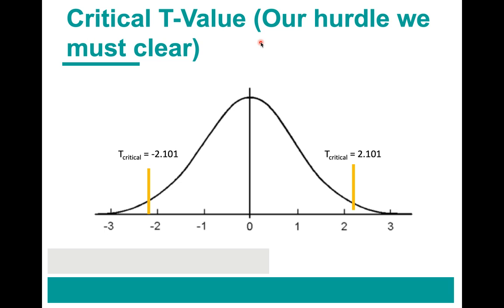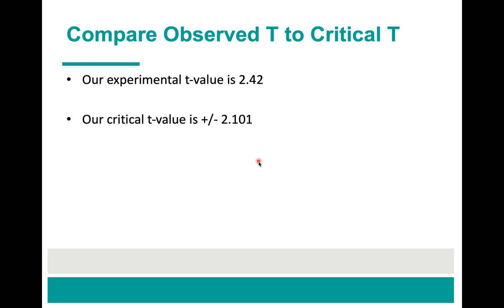We have a two-tailed hypothesis, so we take our 2.101 and we use it as a benchmark on either side of the curve. Because remember, we weren't sure if expressive writing was going to make health better or was going to make health worse. So we're giving ourselves a chance on either side of the curve. These are our benchmarks. We then add to that our experimental t-value, the observed t-value. How different were our groups? Well, they were 2.42 different.